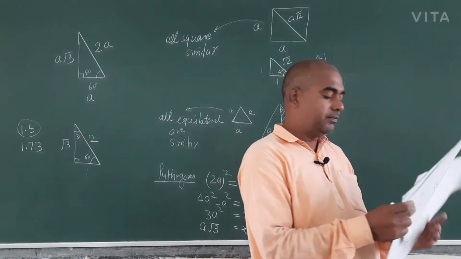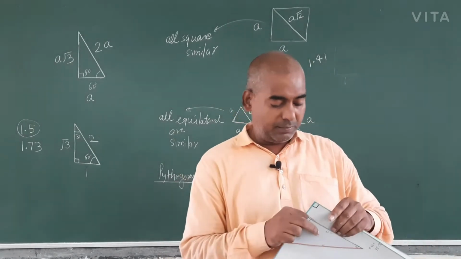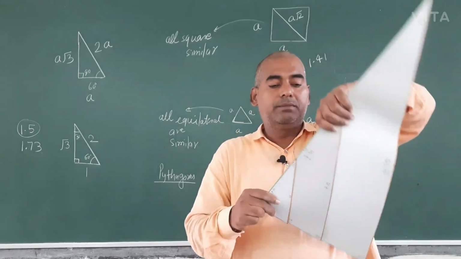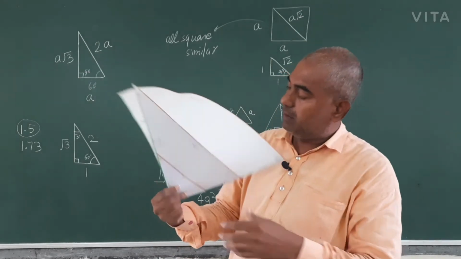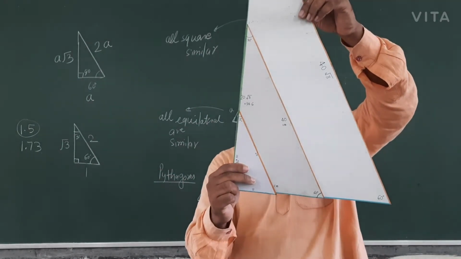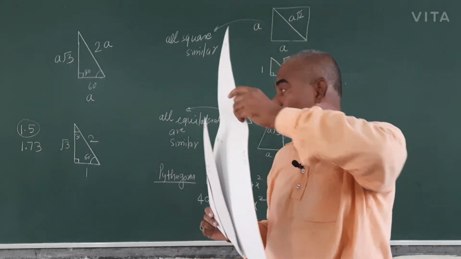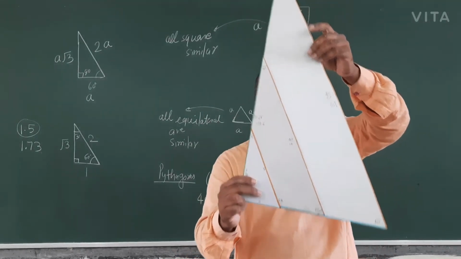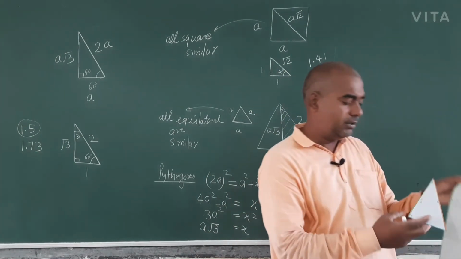For this type of triangles, just like I have shown you now, all these triangles are similar, just like in the earlier video I told you about the 45 degree, this is the 30 degree and 60 degree. You can check it here.